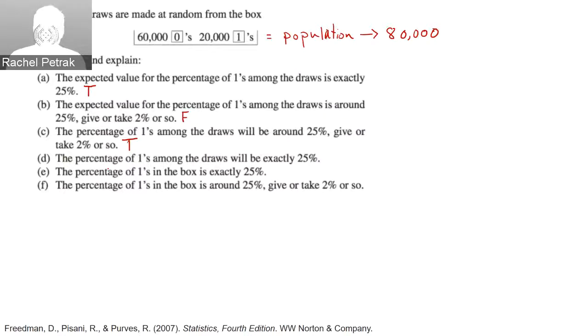Will the percentage of ones among the draws be exactly 25%? For part D, what do we think?